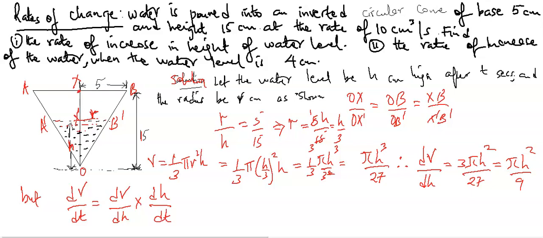From what we are given, the water is poured into an inverted circular cone of base 5 centimeters and height 15 centimeters at the rate of 10 cubic centimeters per second.